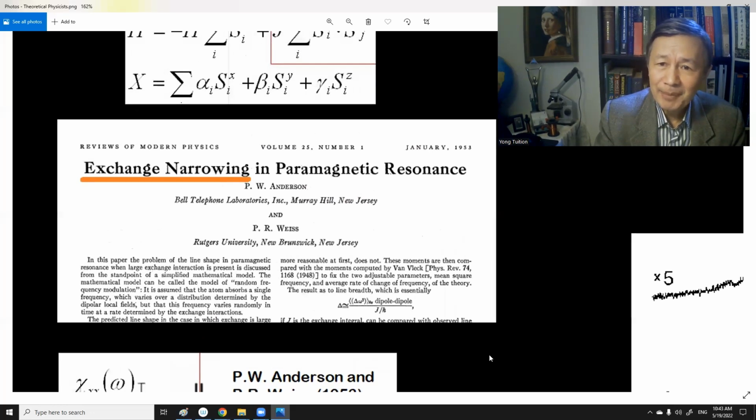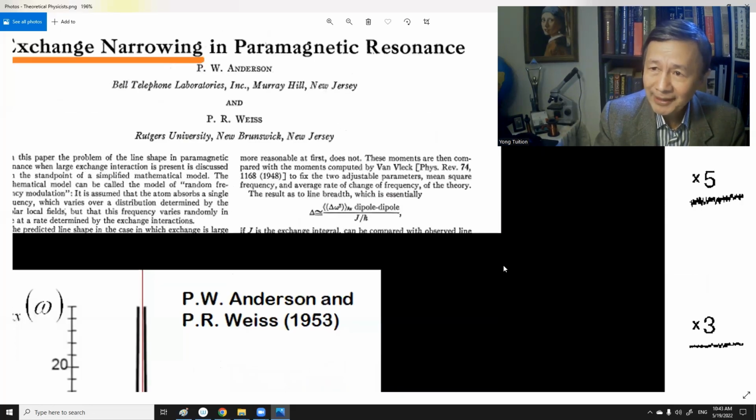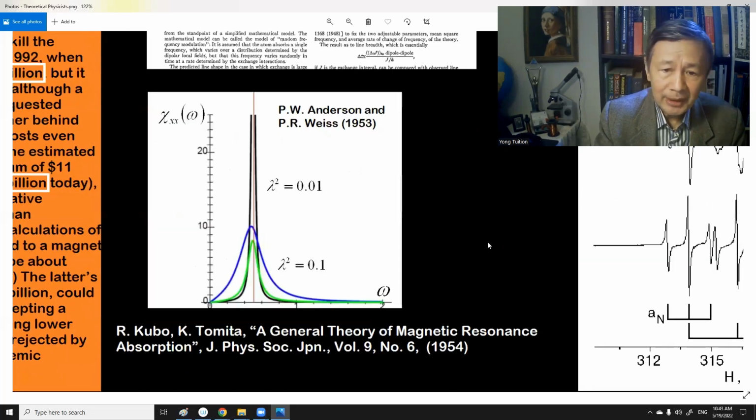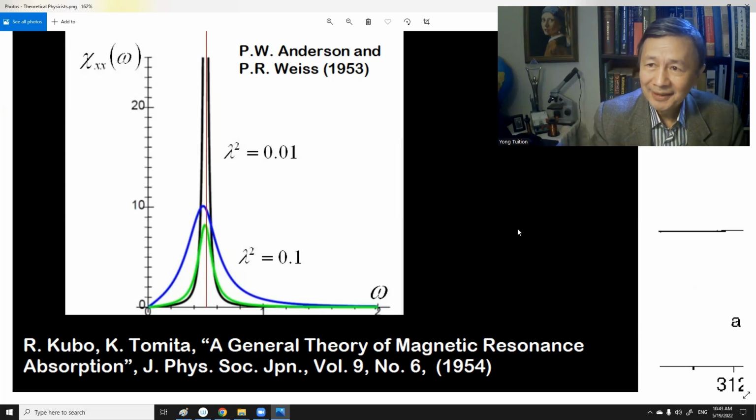Notice that this paper was published in 1953. What happened next? Next year, in 1954, Kubo and Tomita published a paper entitled "A General Theory of Magnetic Resonance Absorption." Why did I mention this paper in particular?